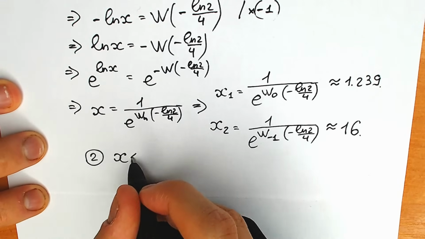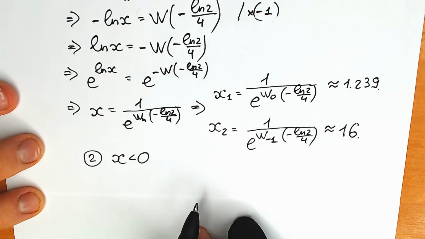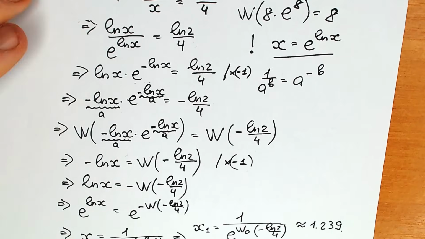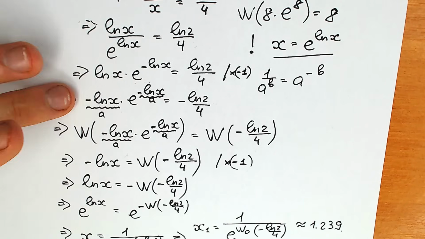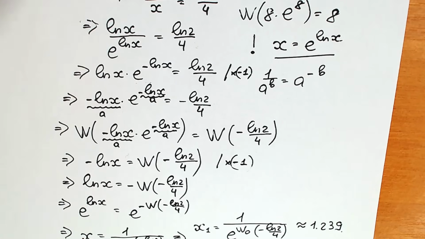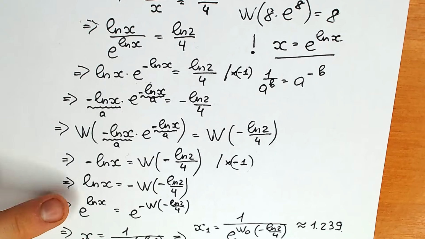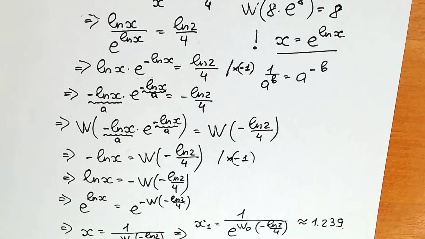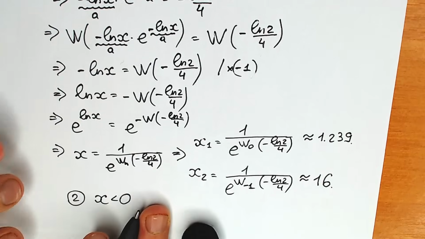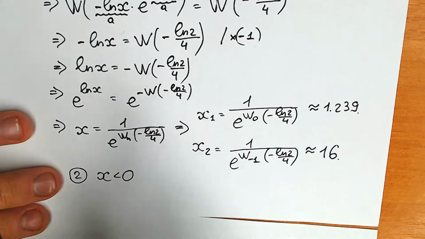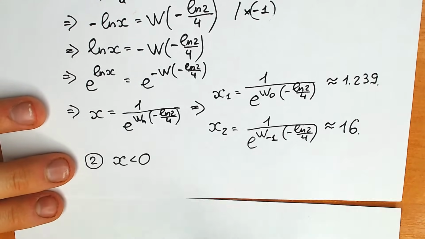When x is less than 0, I don't want to solve it once more because it would make a long video, but we will have absolutely the same principle, with just one minus sign that we get rid of, so sometimes we have plus. Right now this is your homework. If you want to practice the Lambert W function, you can easily solve this question when x is negative, so don't worry about it.